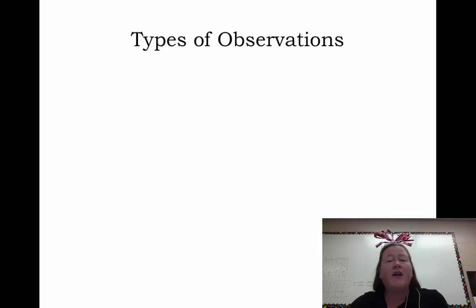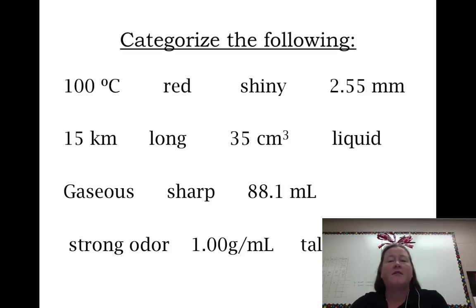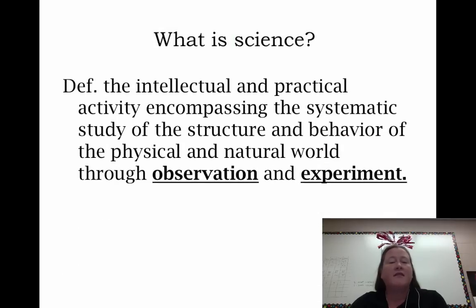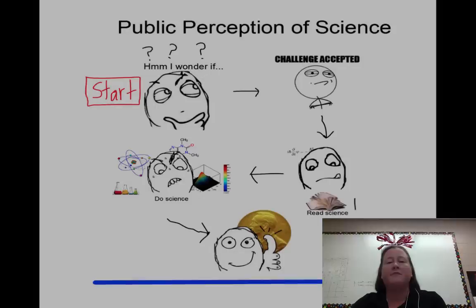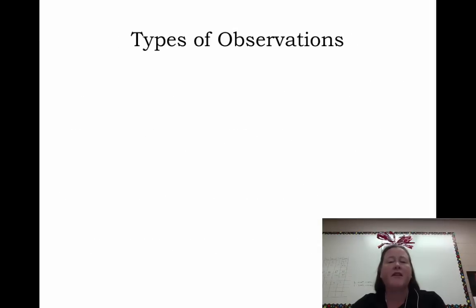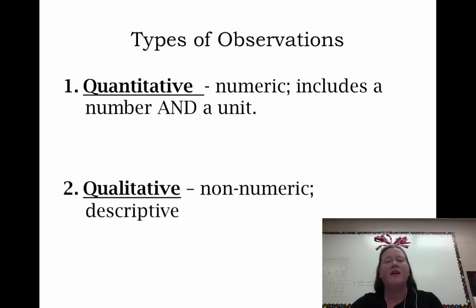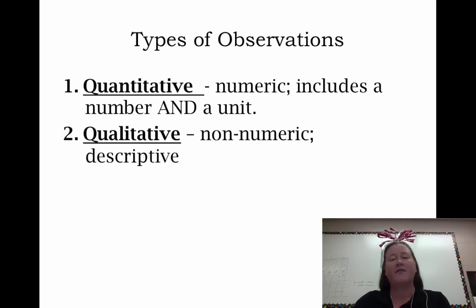So the types of observations that we make, just going back to that definition of science, science involves studying the world through observation and experiment. So the types of observations that we have are quantitative, which are numeric, they include a number and a unit, and qualitative, which are non-numeric and descriptive.